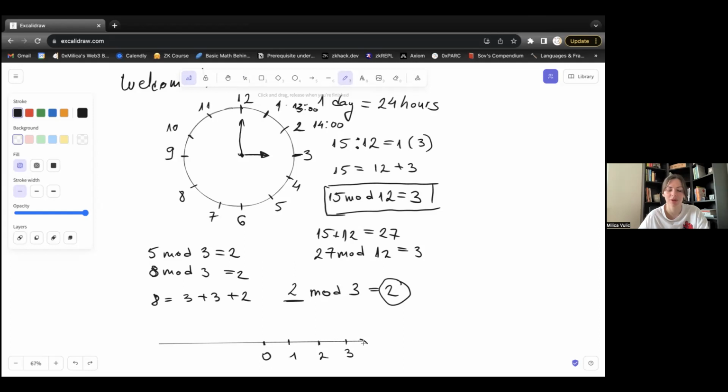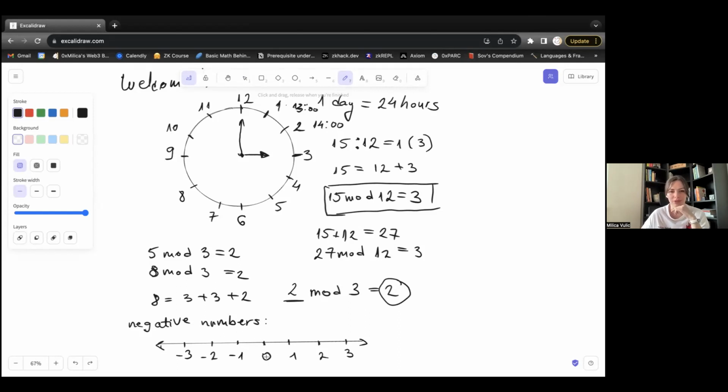Okay, well, we're again talking about whole numbers. But if we dwell into negative numbers, we can say it's -1, -2, -3. So how do we calculate modulus in this case?